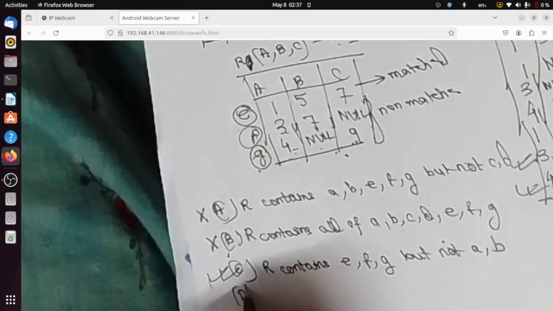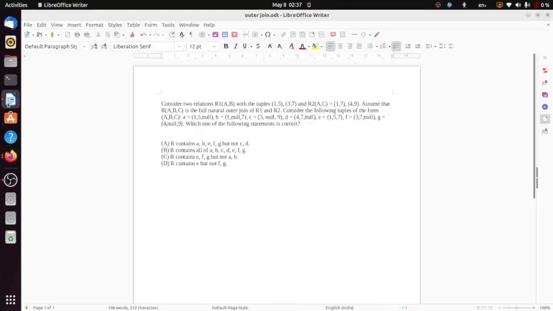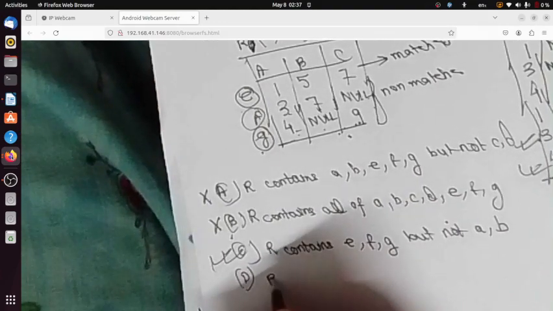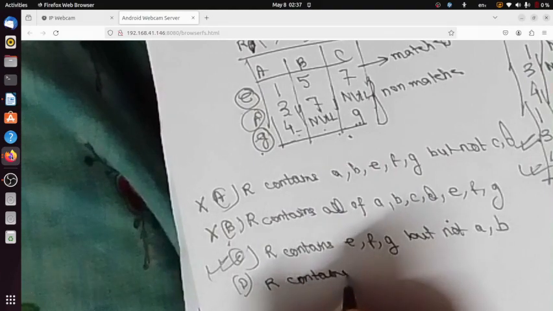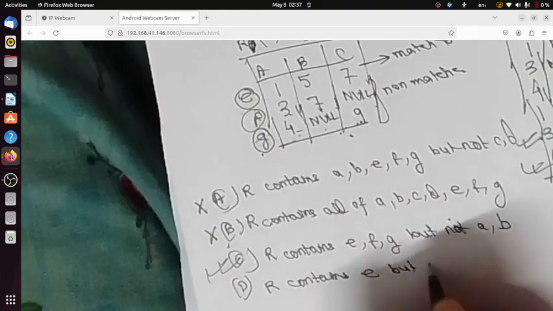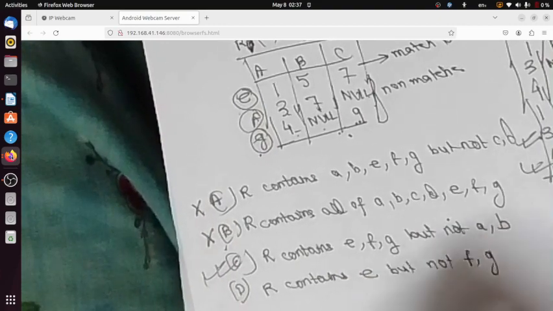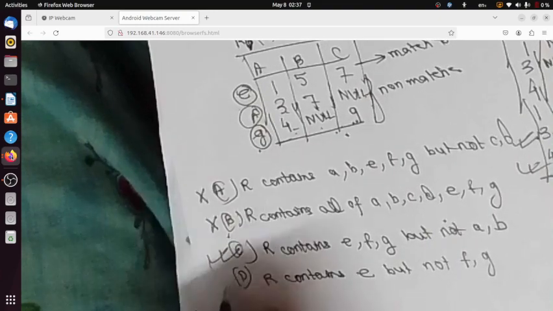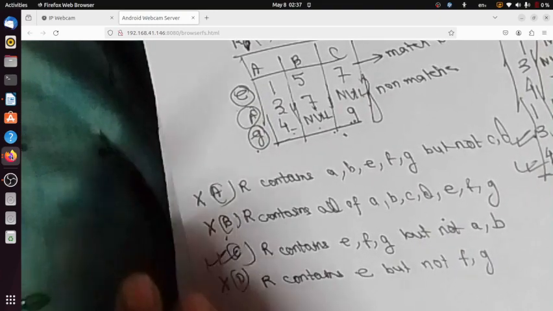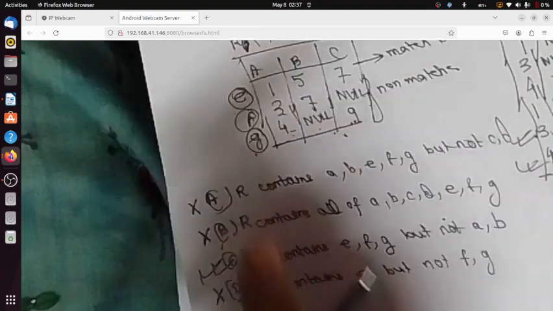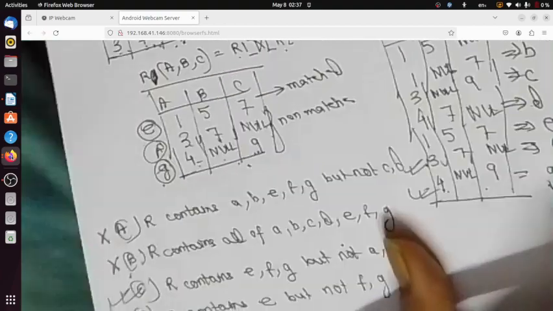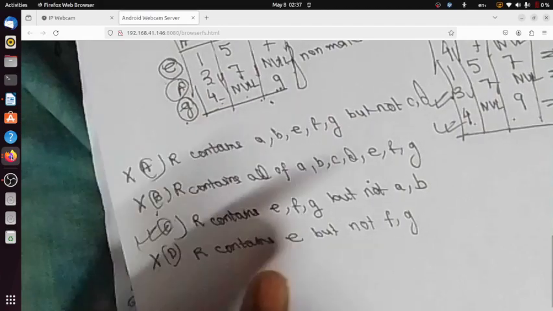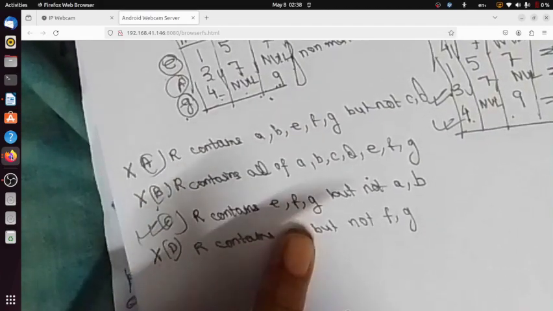Option D says R contains E but not F, G. Since R contains all of E, F, G, option D is also not correct, so it is crossed. So that is the question: after this full outer join, of all the records A, B, C, D, E, F, G, only E, F, G will appear, and based on that we find which option is correct.